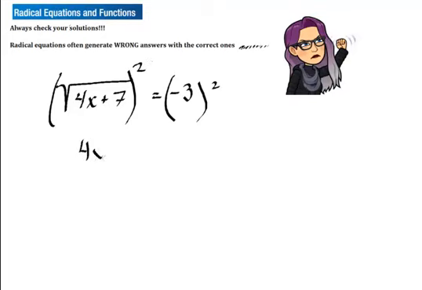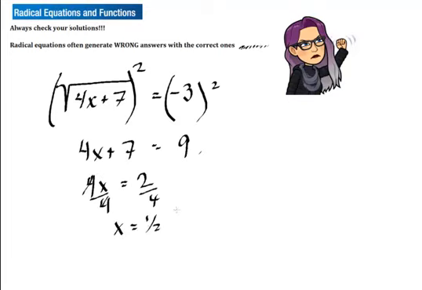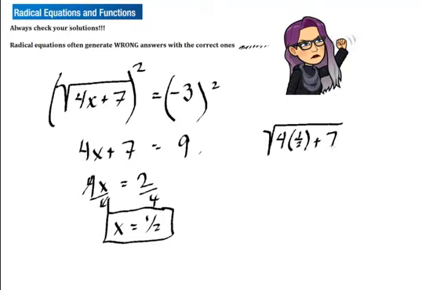I get 4x plus 7 equals 9. Subtract 7 from both sides. Divide both sides by 4. X is 1/2. Now, I hate this, but I have to check it. This is my answer. And I got an answer, so let's see if it actually works, though. What's 4 times 1/2 plus 7?